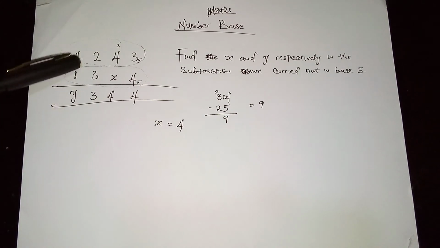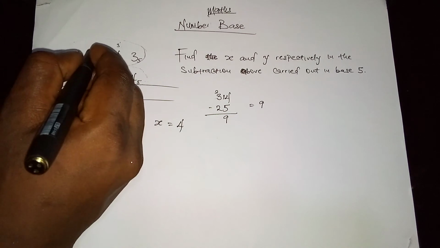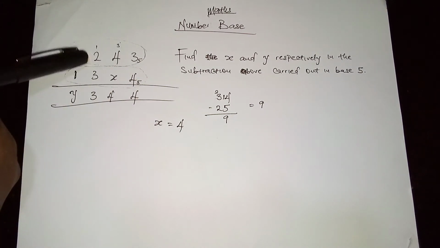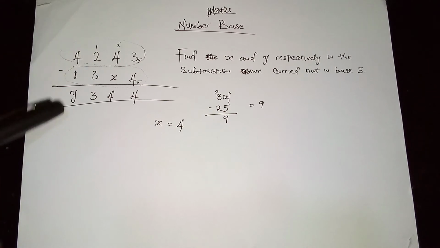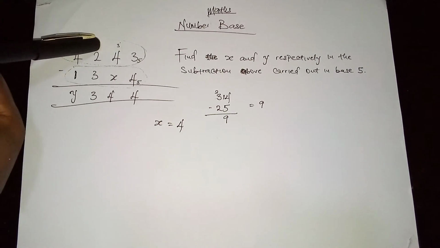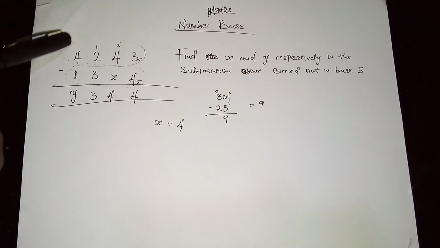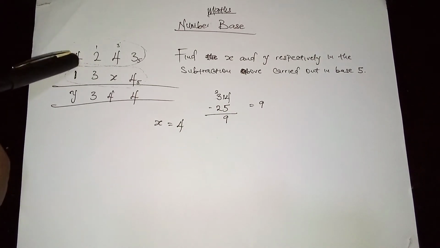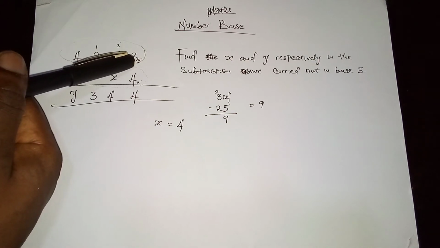Now to the next line, we borrowed 1 from these 2, right? Now what we have left here is 1. 1 minus 3 is impossible. We have to borrow 1 again from this 4 that we have here. Adding it to the 1, we have 6, because each 1 we borrow from this number, adding to this number, will be equal to 5, which is our base.